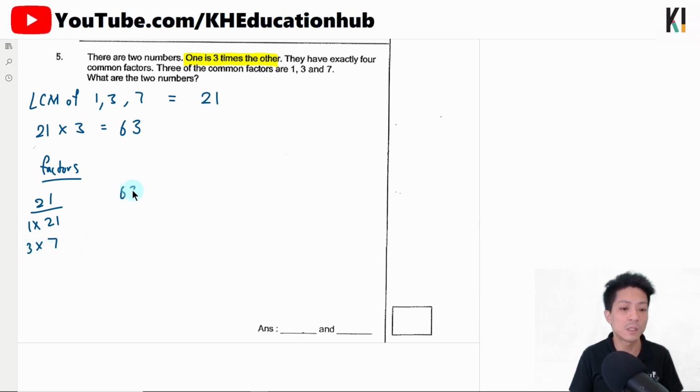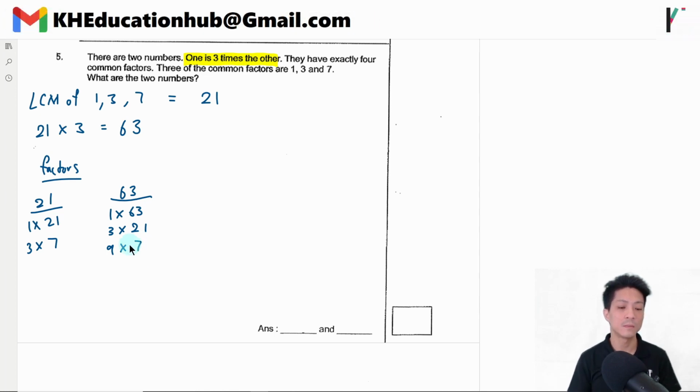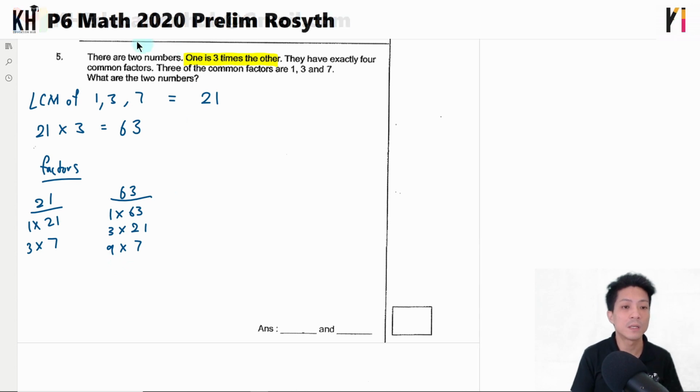No. 63 will have 1 times 63, 3 times 21, 9 times 7. I think these are the ones, so I'm going to circle the common factors.